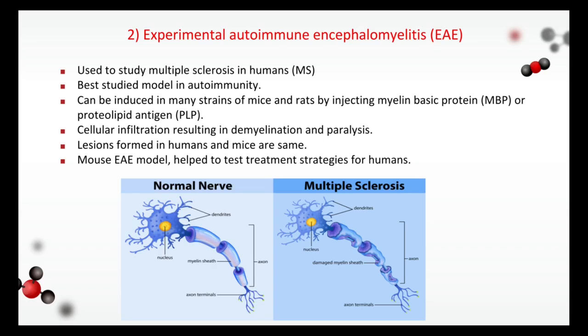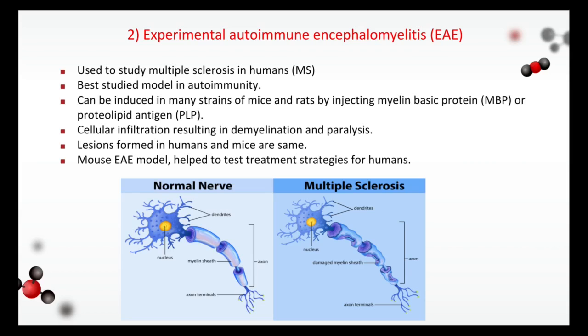So this disease can be induced in animals by injecting myelin basic protein or proteolipid antigen. Myelin basic protein is a protein which plays an important role in production of myelin sheath. This myelin basic protein is unique to the nervous system. This protein cannot be found anywhere in the body other than the nervous system. After a few weeks of injection, cellular infiltration starts. The myelin sheath is targeted by the immune system and that sheath is destroyed.